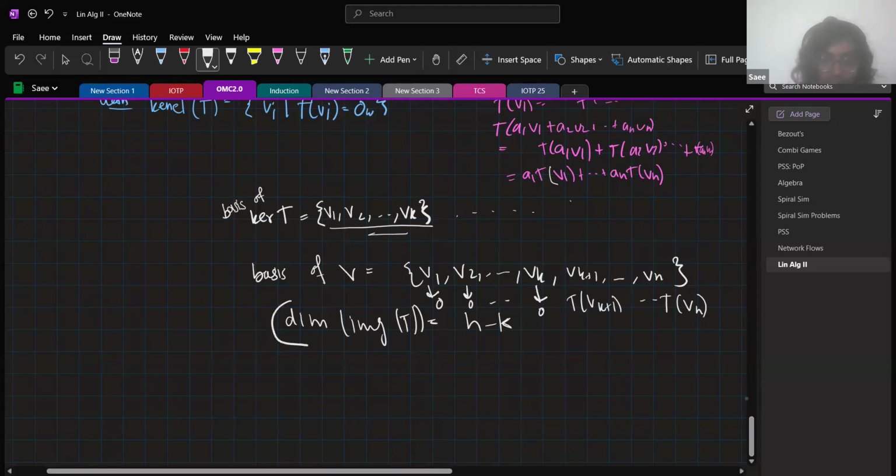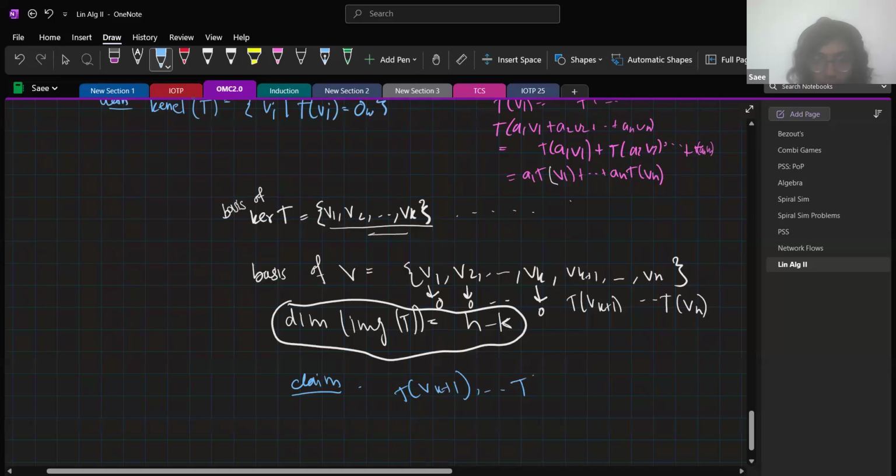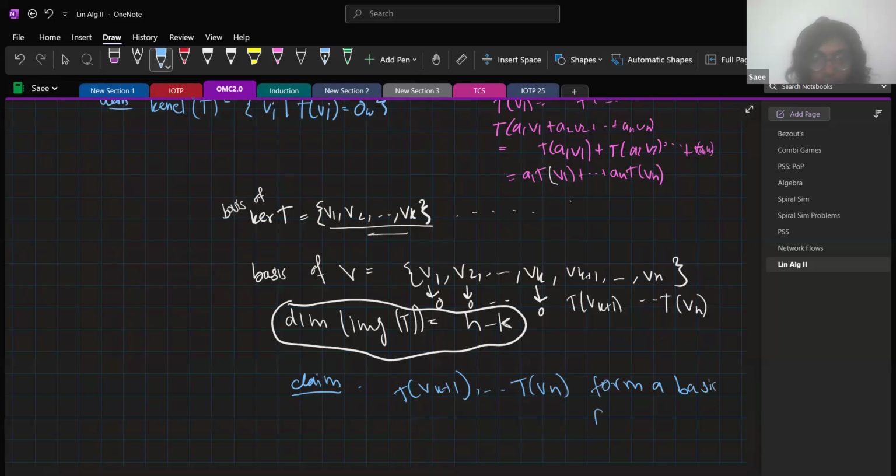If we want to show that the dimension of image of T is n minus k, can you make a claim? So the claim is that T of Vk plus 1 up until T of Vn form a basis for image of T.